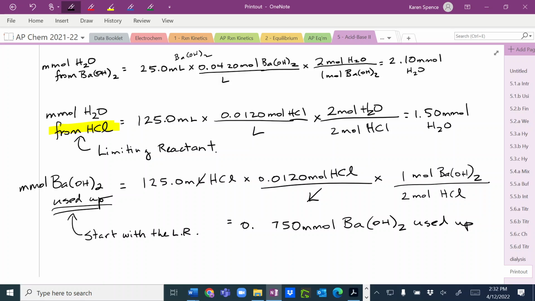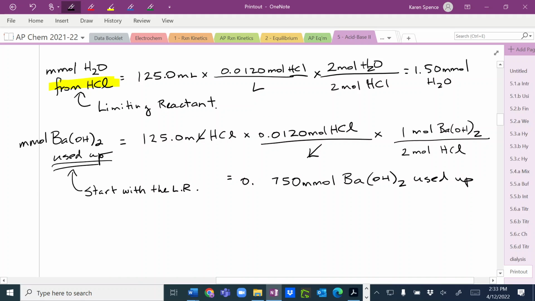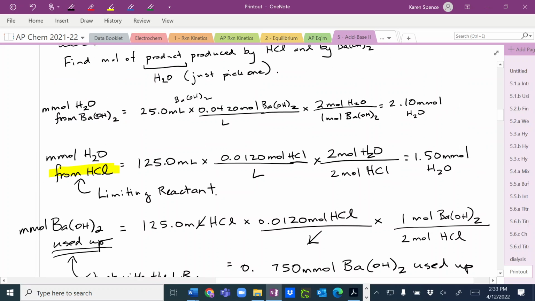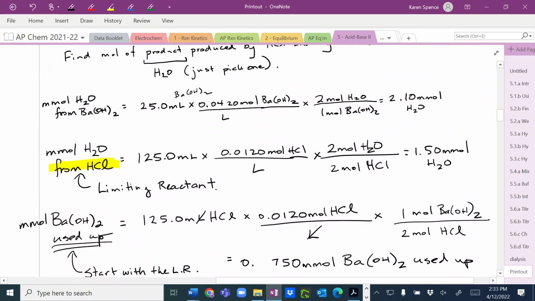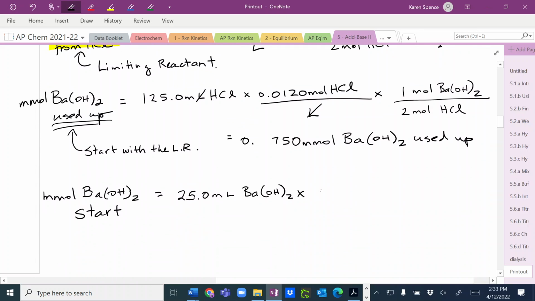So how much BaOH2 did we have at the start? Millimoles of BaOH2 at the start was, we started with 25 milliliters, and we had a concentration of 0.0420 moles BaOH2 per liter.